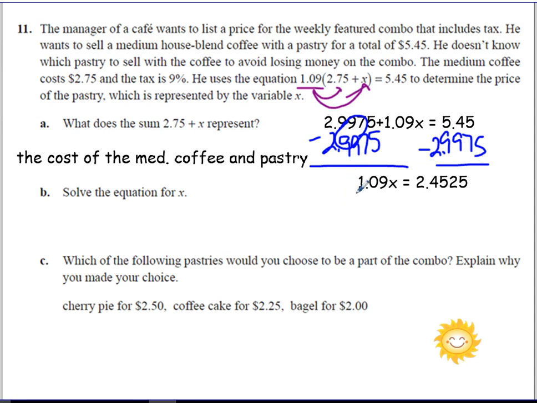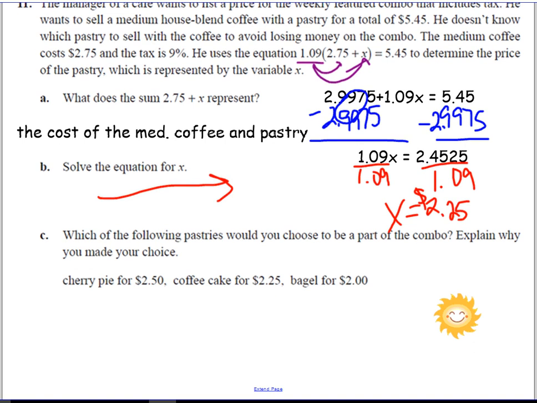But on the last step, when we divide by 1.09 and 1.09, we get that x equals 2.25. And again, that's a dollar amount. And so x equals $2.25.